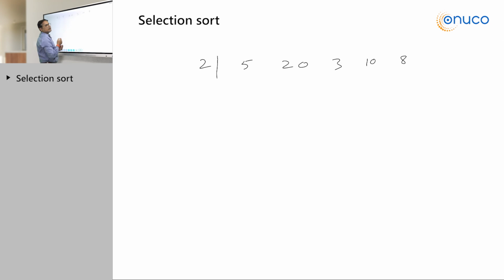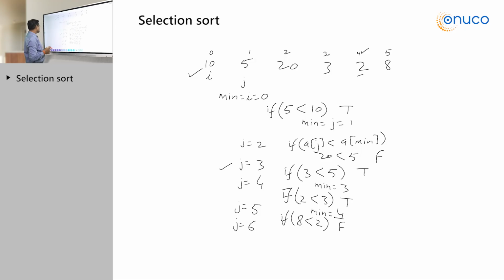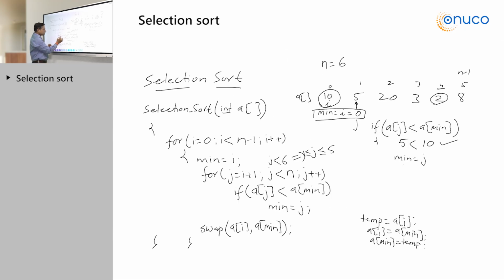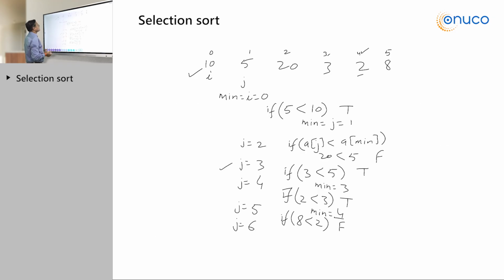So for the rest of the elements, again we need to perform the same task. How will it happen? Let us see the code. Once we are done with these iterations, we have to go and increase the value of i. If we increase the value of i, it becomes 1. Once i becomes 1, min becomes 1, so the starting position of min will be 1.